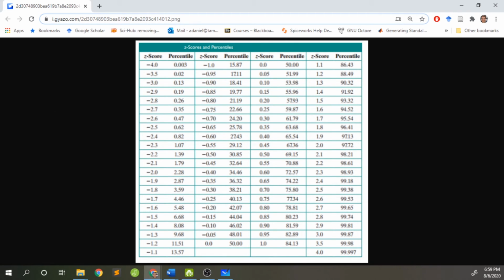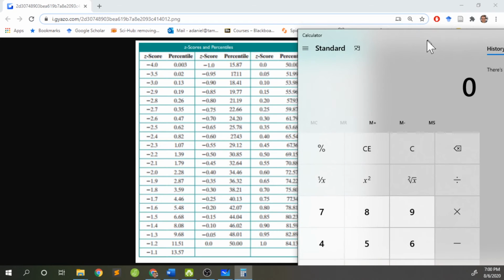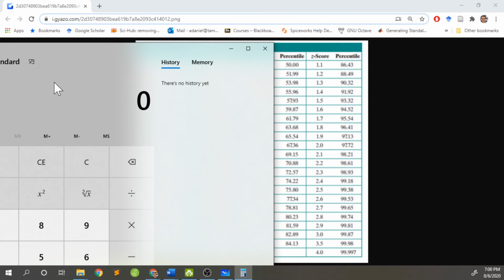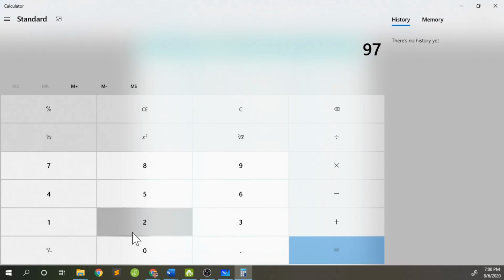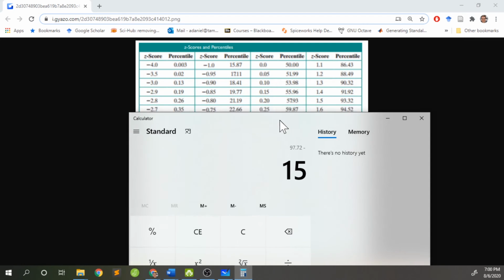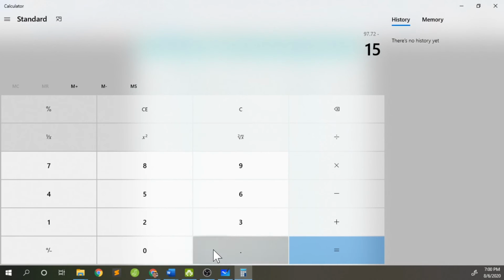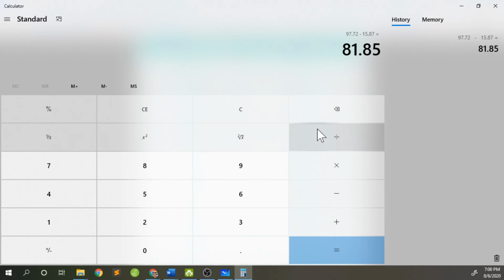Let's see if I can actually do that. 97.72 minus 15.87. And that means 81.9%. So roughly 82% of individuals scored in between our scores.